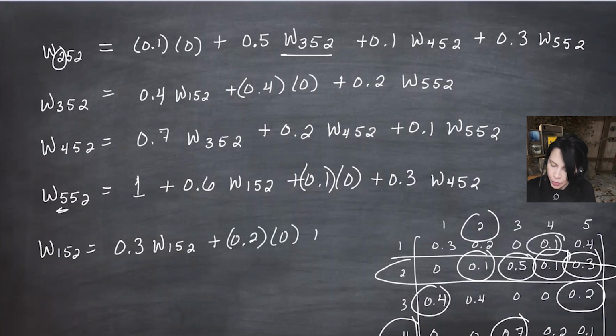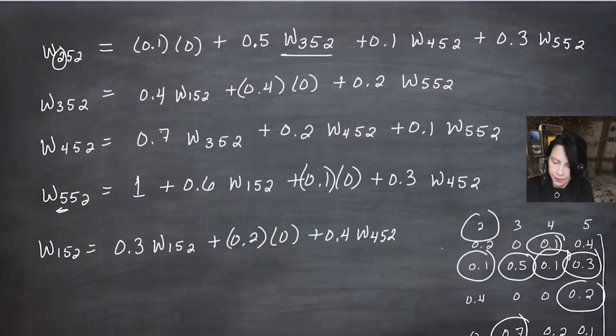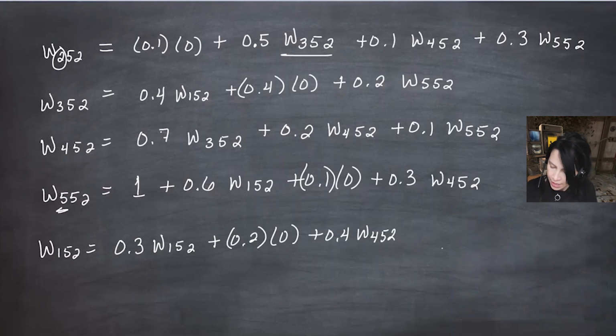With probability 0.1, I've gone to 4. So now starting at 4, I want to count the hits on 5 before stopping at 2. And finally, with probability 0.4, I've gone from 1 to 5. So I want to start counting the hits on 5 from there. So I get 0.4 W552.